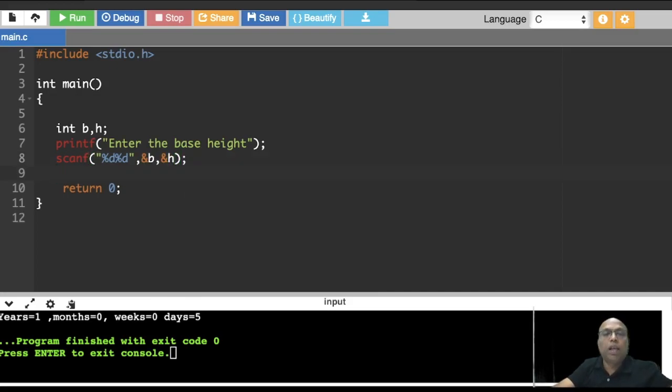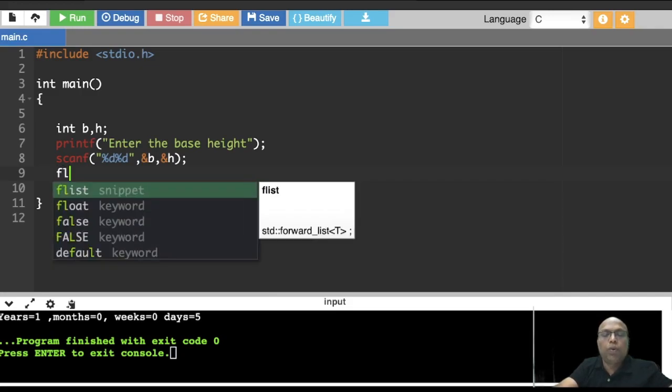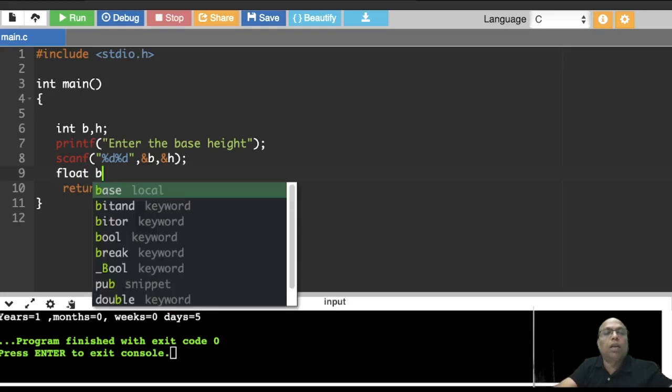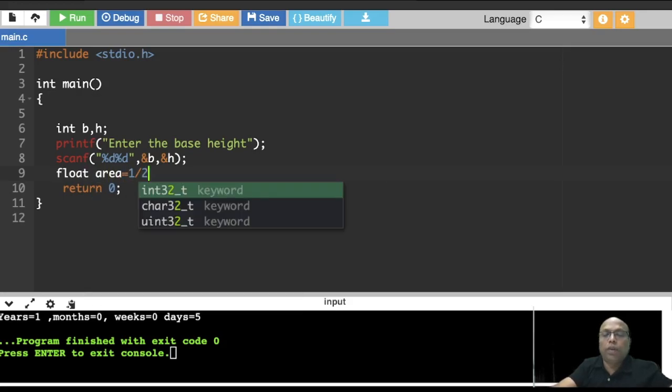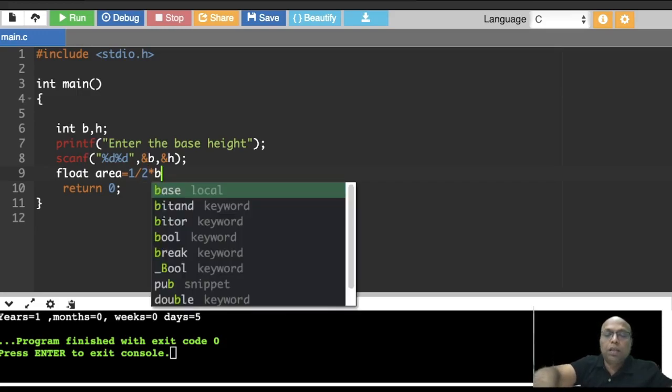So then I need to find the area. You can declare here float area, half base into height. Therefore, I'm going to make it float. Okay, area is equal to half into base into height.